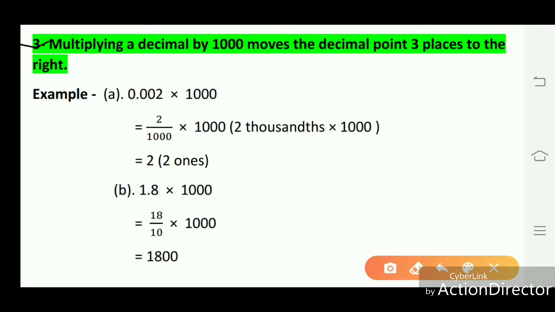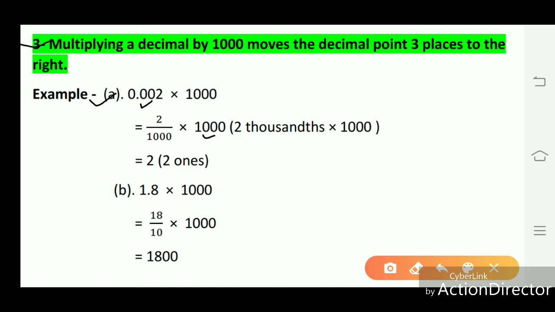Number 3, multiplying a decimal by 1000 moves the decimal point 3 places to the right. Example A: 0.002 multiplied by 1000. Here we write 0.002 in fraction form as 2 upon 1000, because 2 is in the thousandths place in the decimal, and multiply by 1000.